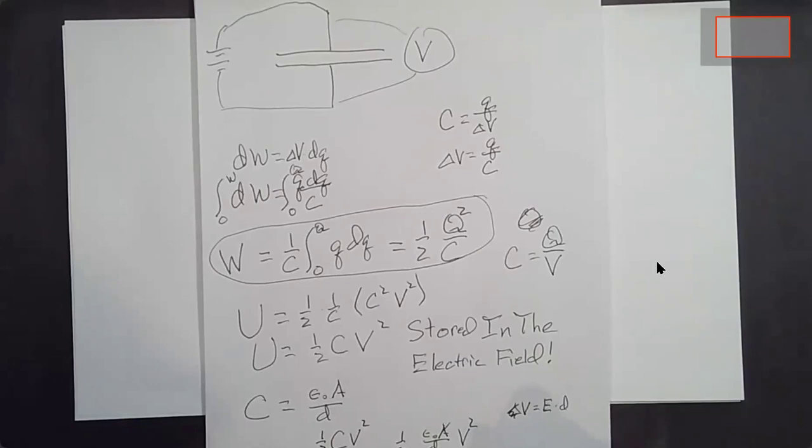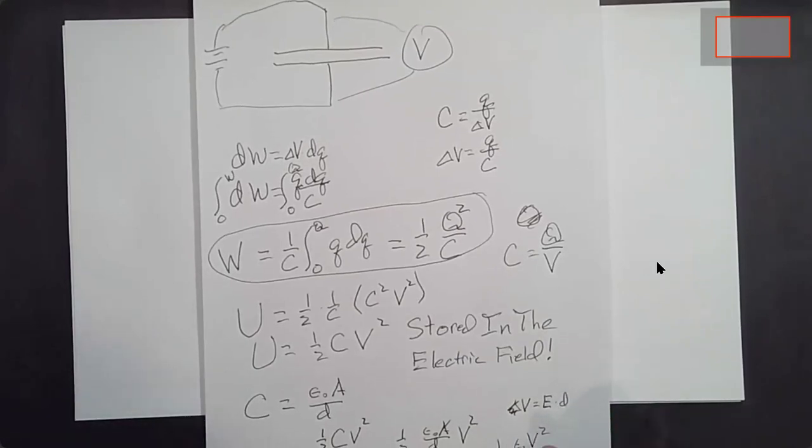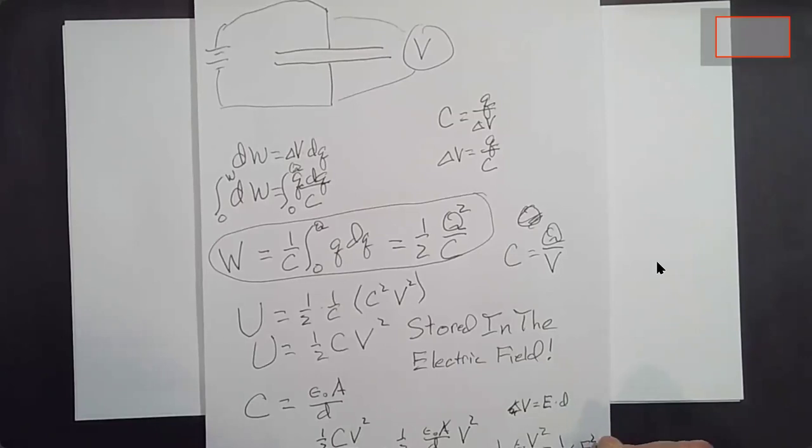And so far, I would have 1/2 epsilon naught V squared over little d squared, but then V is equal to E times d, and we end up with this 1/2 epsilon naught E squared for the energy density in an electric field.